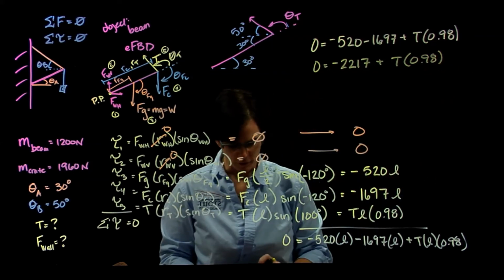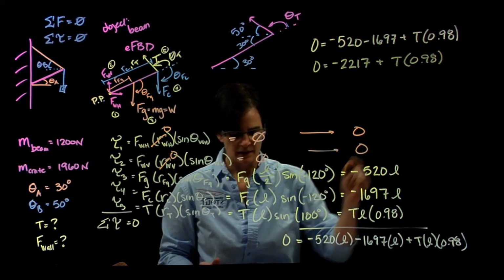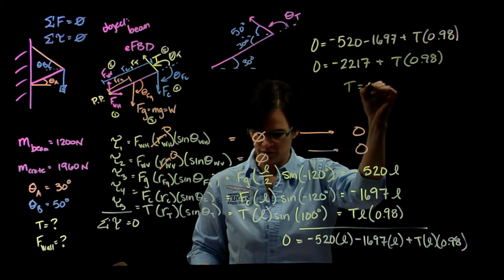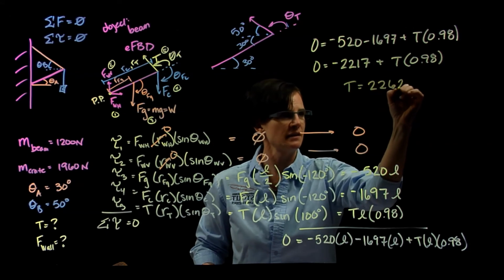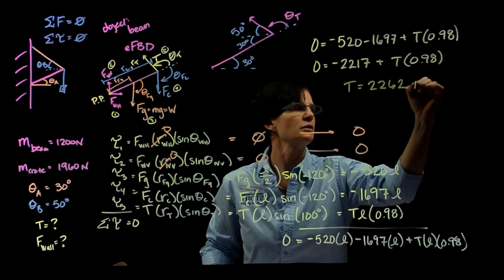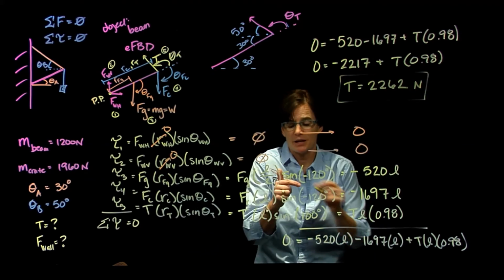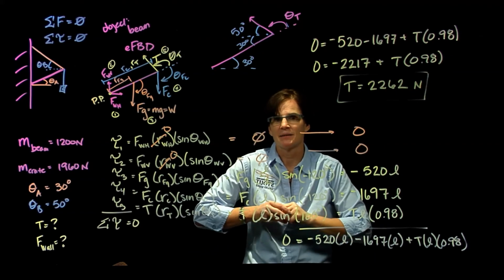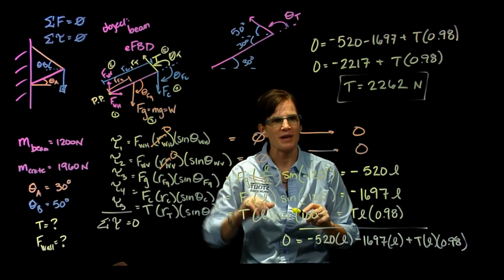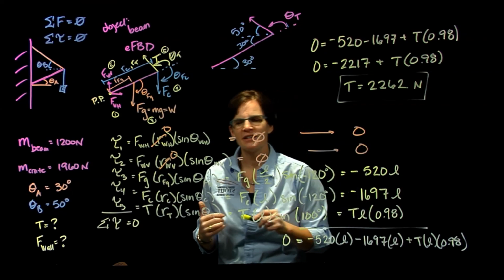And solving for T gives me a value of 2,262 newtons. So I need to have a rope that has a breaking strength larger than that. So my tension is 2,262 newtons. How did I determine that?